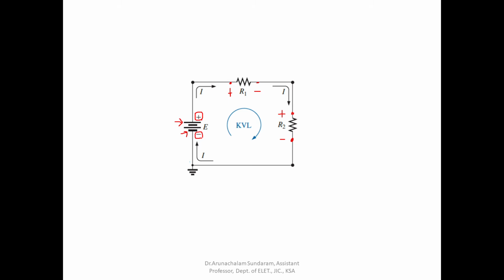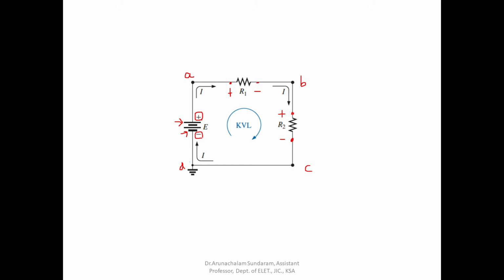And then we have to form a closed loop, because we can apply Kirchhoff's voltage law only for a closed loop. So let me mark the nodes. This is A, this is B, this is C, and this is D. So I start from A, I go to B, C, D, A, and I end at the same point where I started.